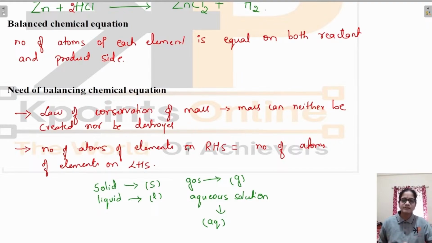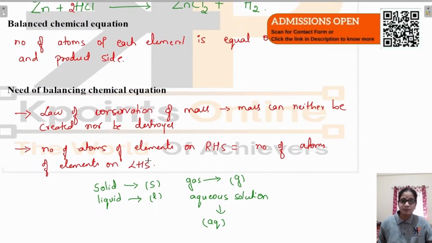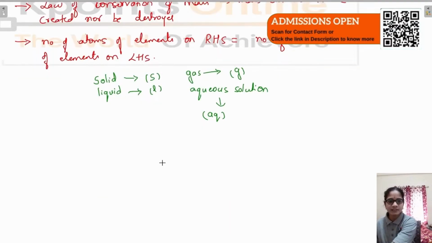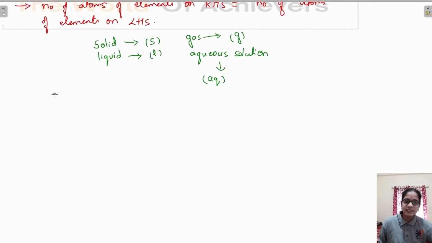There are different elements and molecules. We cannot always remember the physical state symbol for every material, so we can have some general idea about it. If they are metals, we will represent them by S, because almost all metals are solid in nature. Non-metals are either gases or solids.